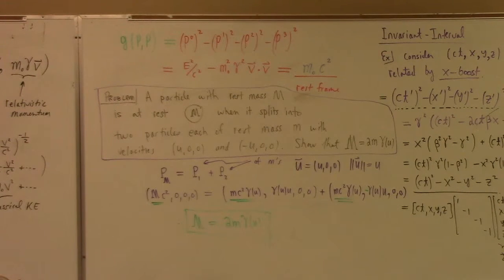If you have a particle of rest mass m, moving with velocity u relative to some inertial coordinate system, and it collides elastically with a second particle, also of rest mass m, which is at rest.